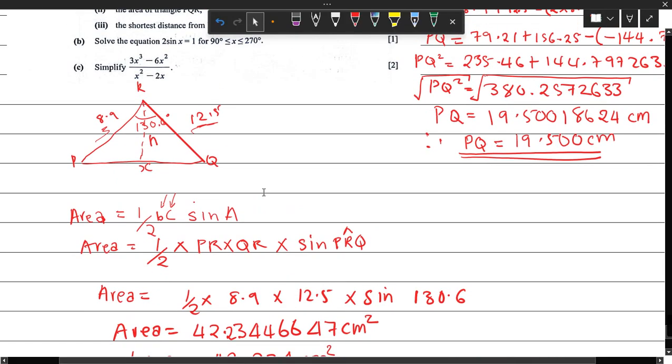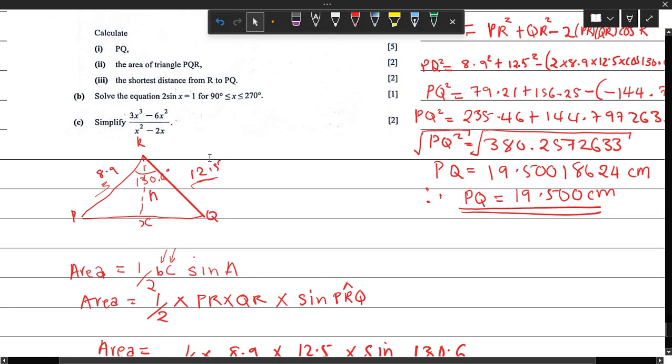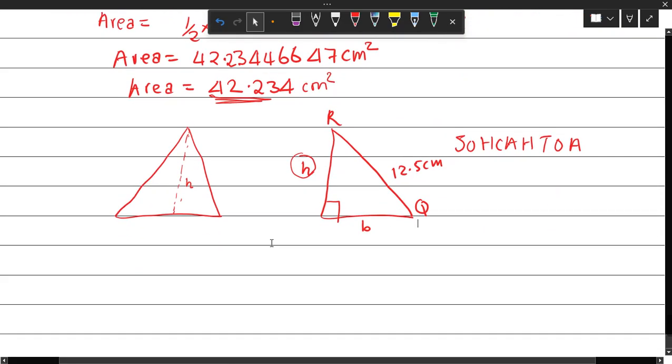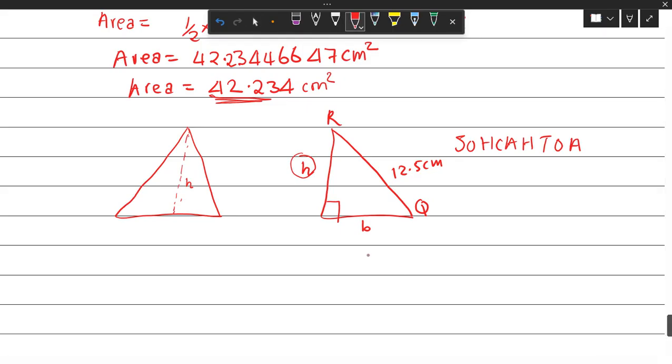If you know this shortcut, it will divide this distance PQ at the middle. That's the assumption we use when calculating this, that this distance will cut PQ at exactly the middle. So we'll have two distances.